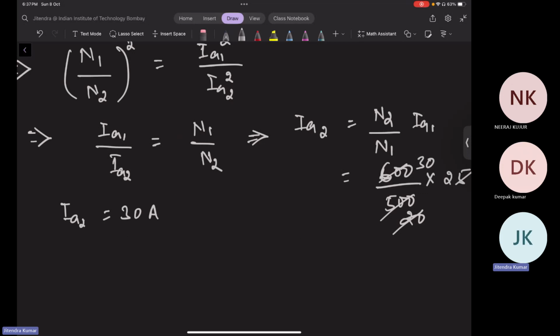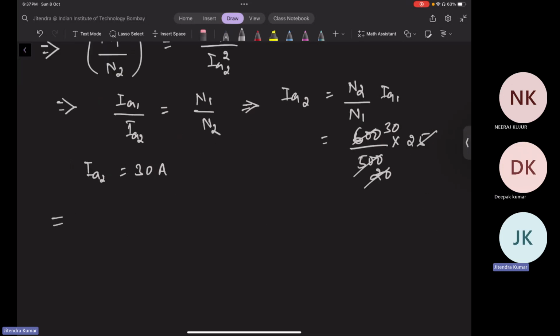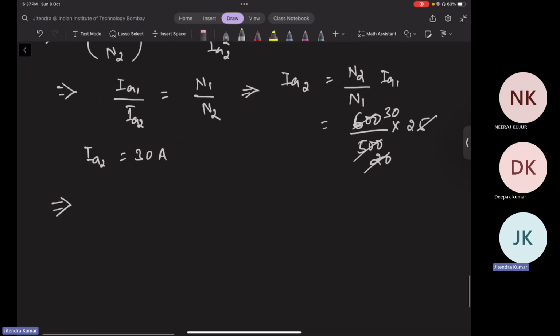Okay, so now we can calculate EB2, VT minus IA2 into R, which is equivalently RA plus RF.